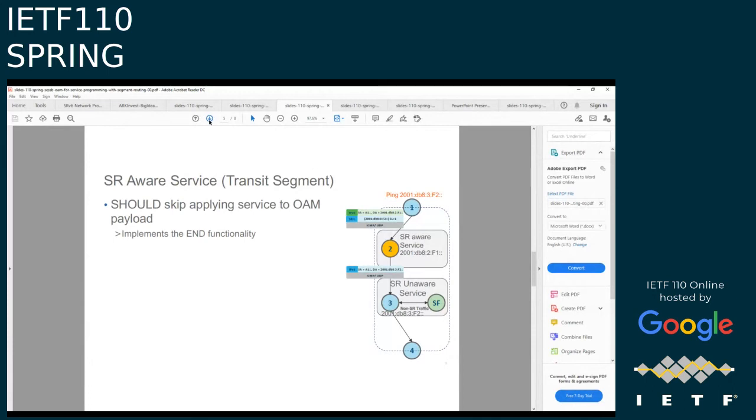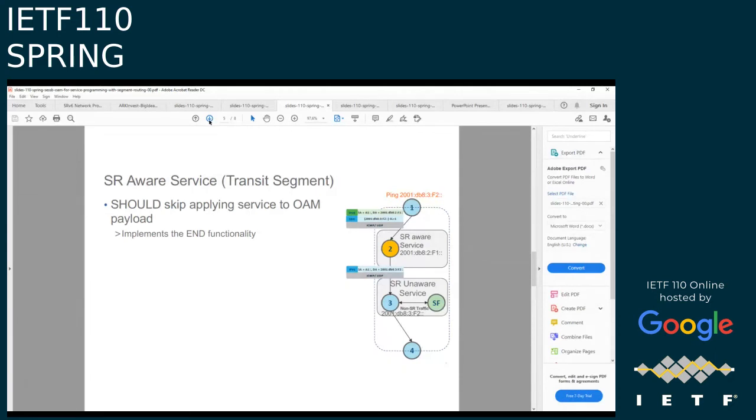Now, let's take a look at how an SR aware service behaves when it acts as a transit segment, because some of the O&M payload may not be processed by the service or may be dropped by the service.